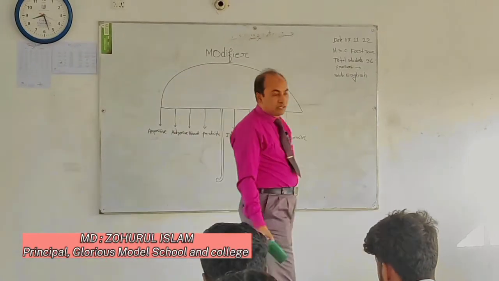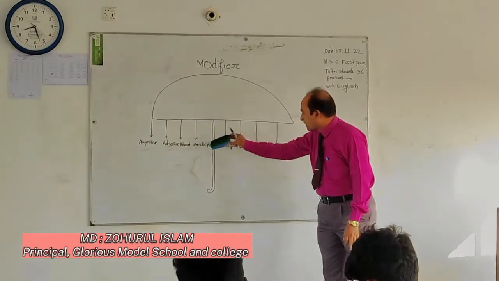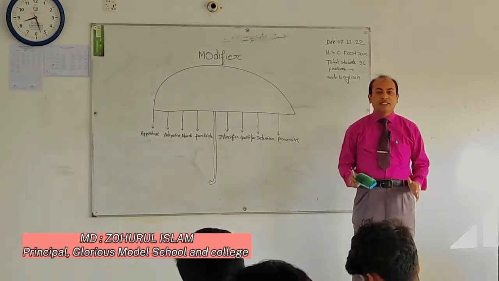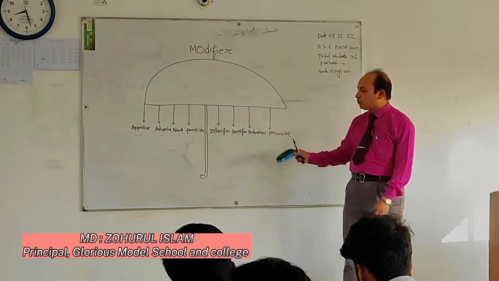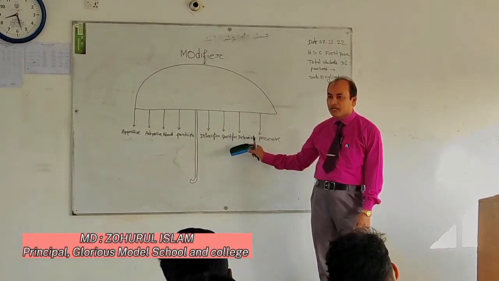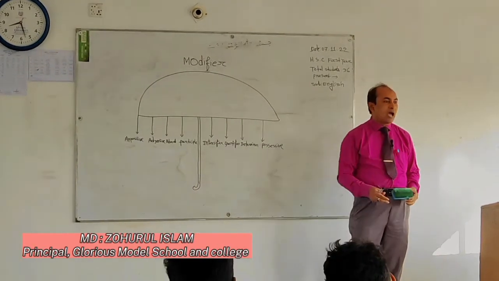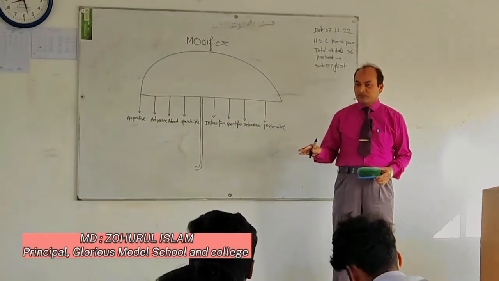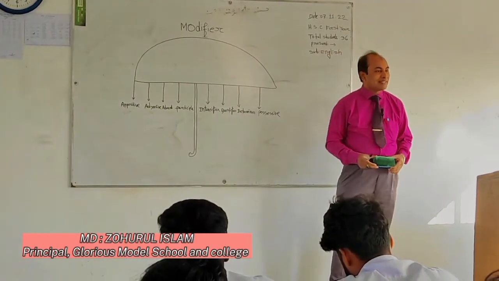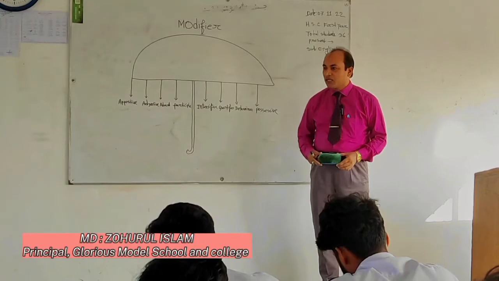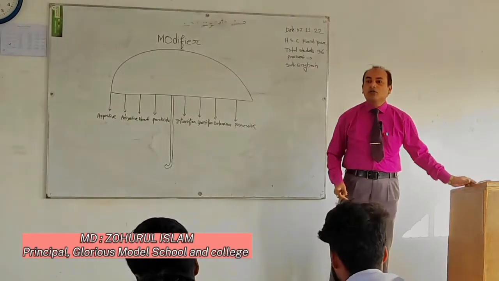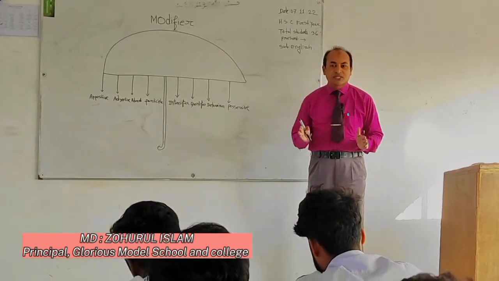You see here, so different kinds of modifier. So modifier is divided into many classes. So here we get some kinds of modifier that will be described here, and later I will make it clear. So you know modifier, in the previous class I have already discussed what is called modifier, what are the kinds of modifier, and I also gave you some examples in the class.